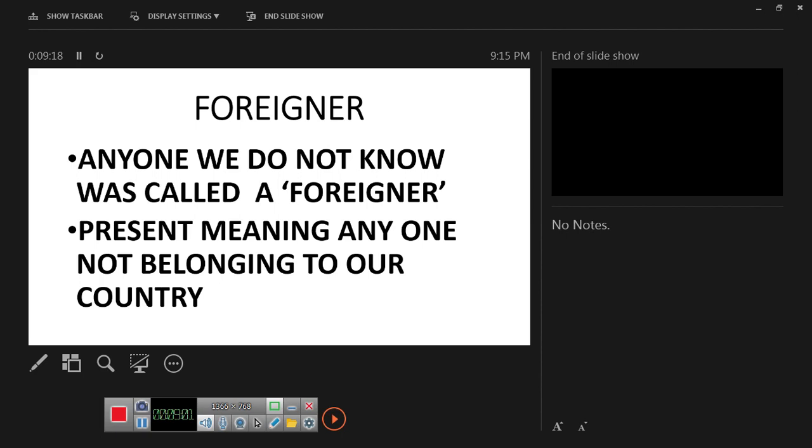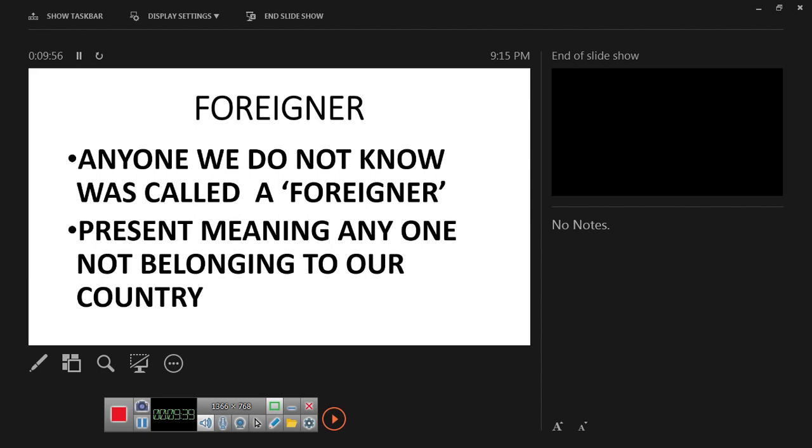In the modern period, there is the boundary in which you live, and he should also belong to that boundary. It is not compulsory that you should know him. It is not possible for us to know all the persons of India. Thousands, millions are there unknown to us, yet they are not considered foreigners. In ancient or medieval time, anybody who is unknown to me was a foreigner.